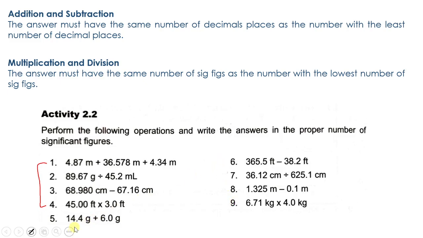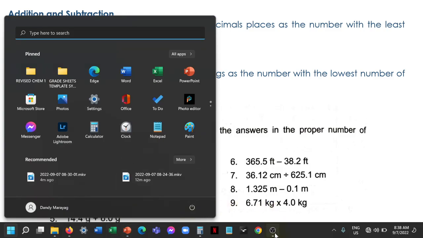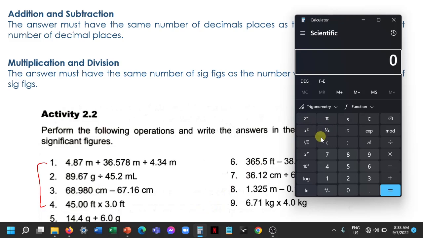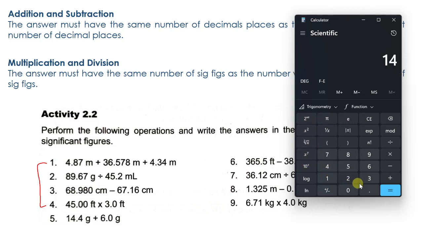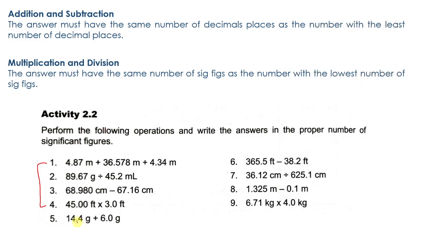Okay, so let's start with number 5, 14.4 plus 6.0. Just solve this one. 14.4 plus 6.0. The answer is 20.4. And again, round the answer based on the given. In this case, the first number has one decimal place, and the second number also has one decimal place.